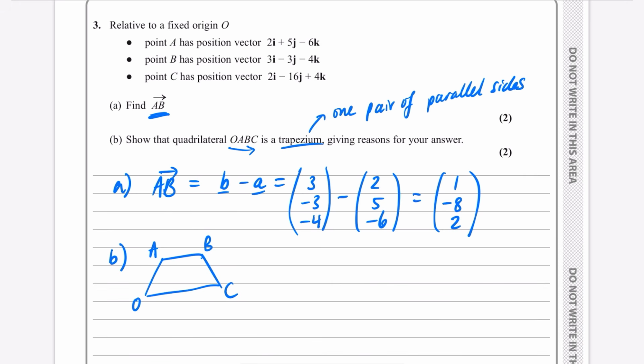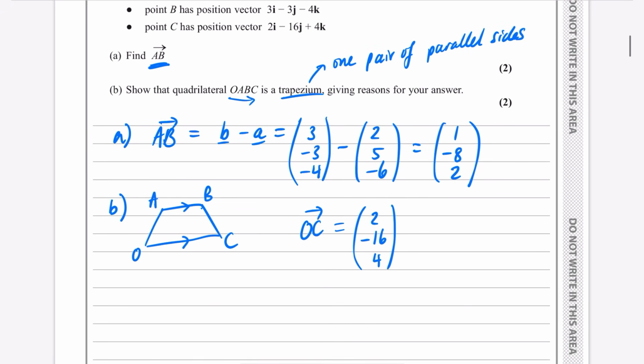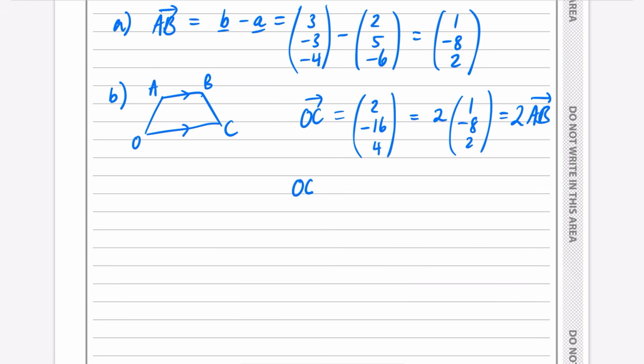So I'm going to see what AB and OC look like. So we've got what AB is up here, and OC is the position vector of C, which we have at the top. So that's 2, minus 16, and 4. Comparing OC with AB, we can see that OC is 2 lots of 1, minus 8, 2, which means it's 2 lots of AB. So OC is equal to 2 lots of AB.